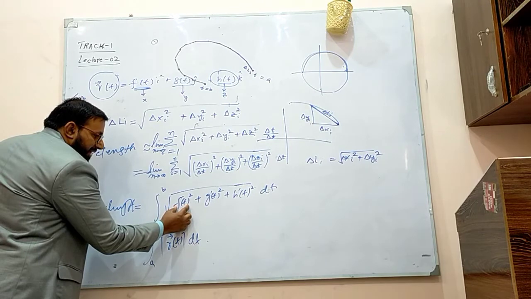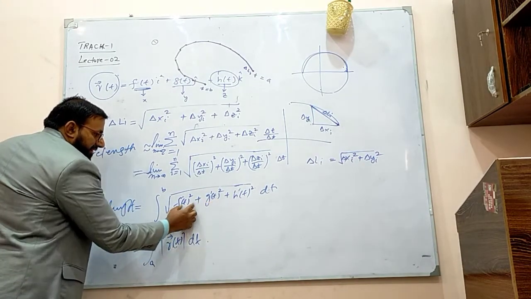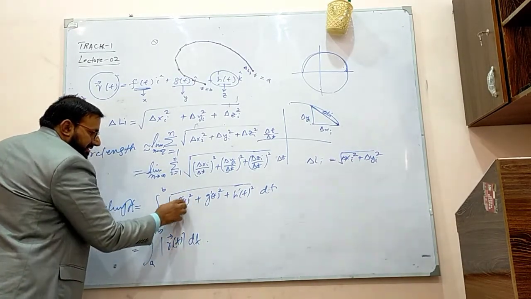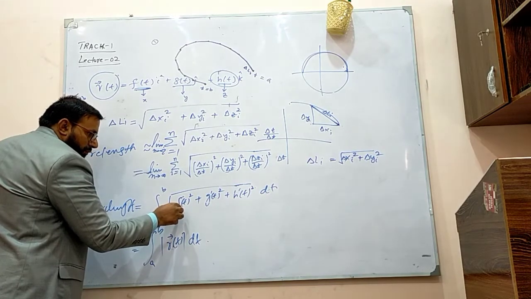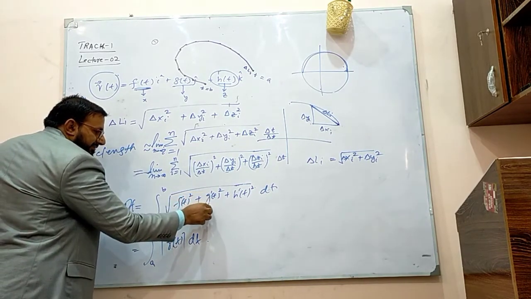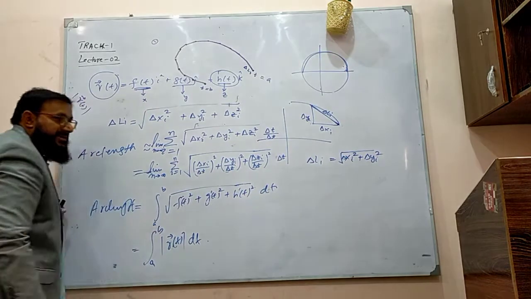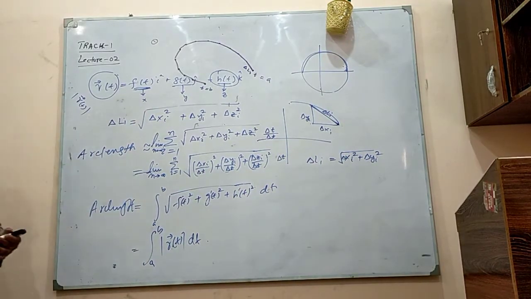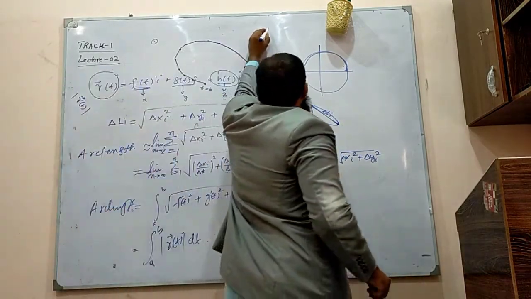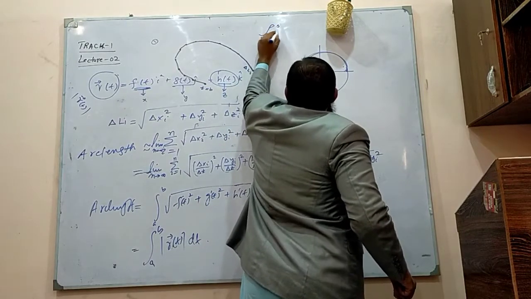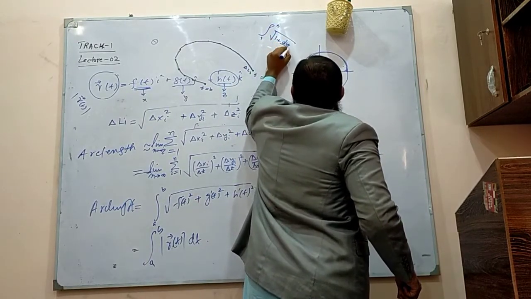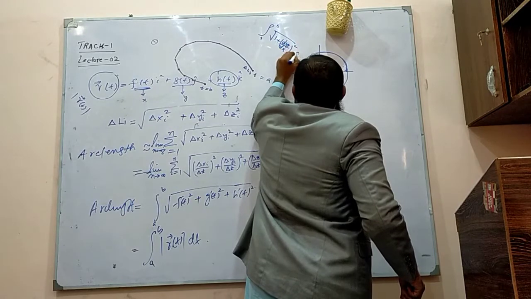You divide by f prime of t with both of these. I am just giving you a rough sketch. Then this becomes g prime of t over f prime of t, in some other sense, dy by dx. So the formula for the arc length in 2D is this one as well: 1 plus dy by dx whole square.